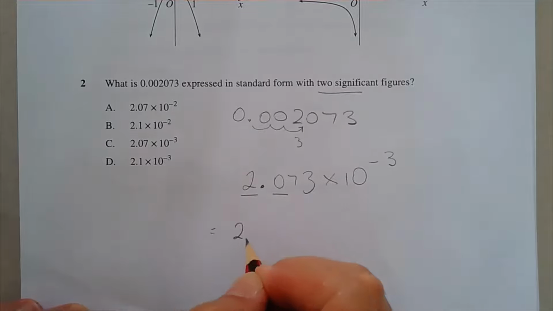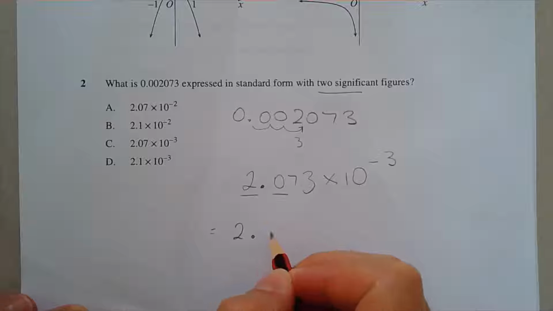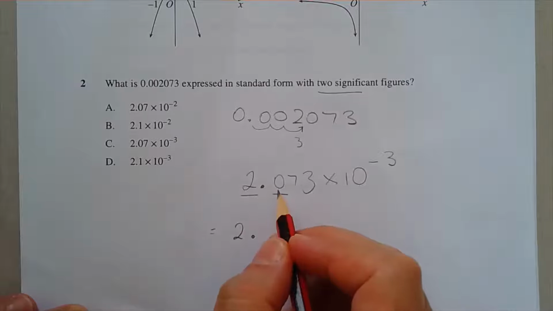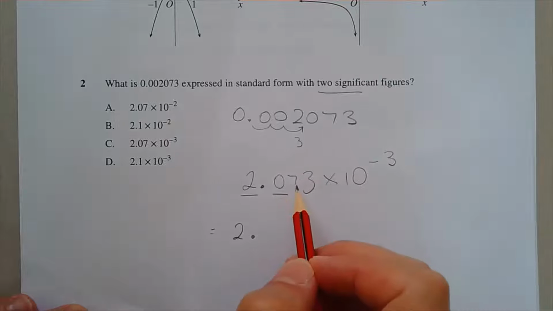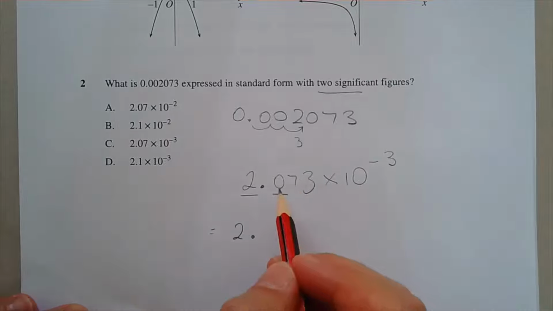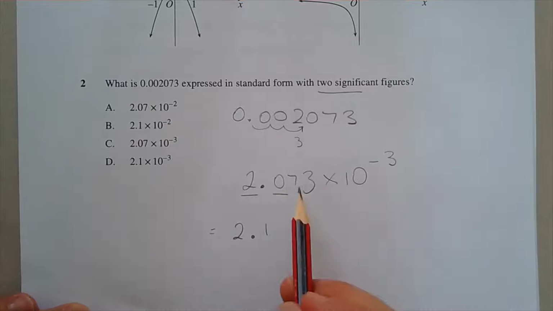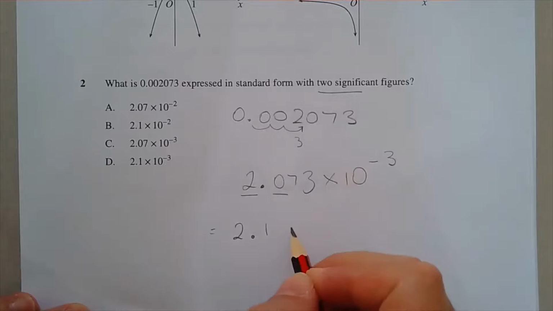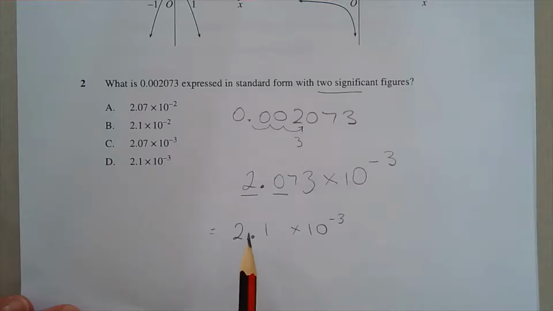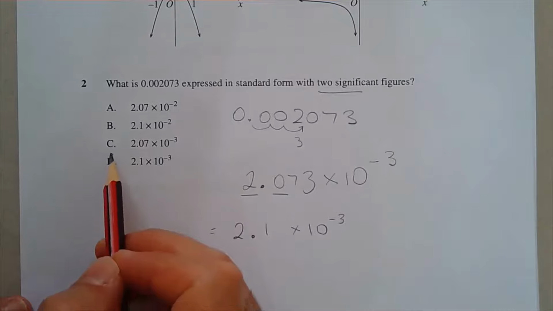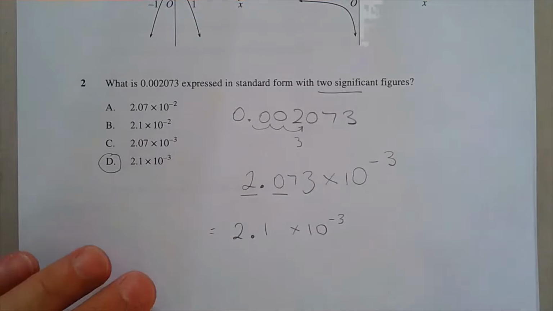So that's 2 point. Now, the 0 either stays as a 0 or becomes a 1 depending on the number behind it. The number behind is a 7, which means that the 0 must become a 1. We then ignore the 7 and the 3. Times 10 to the power of negative 3. So that's option D, 2.1 times 10 to the negative 3.